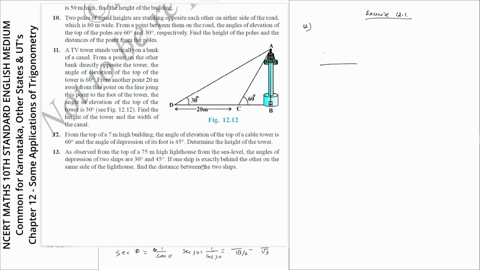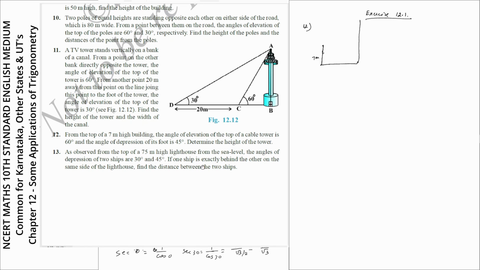So there is one building whose height is 7 meter and there is another tower. Now, it's obvious that both this tower and building are on the ground. That means they lie on the same horizontal.